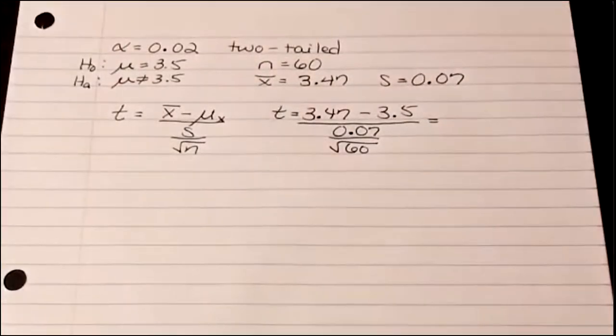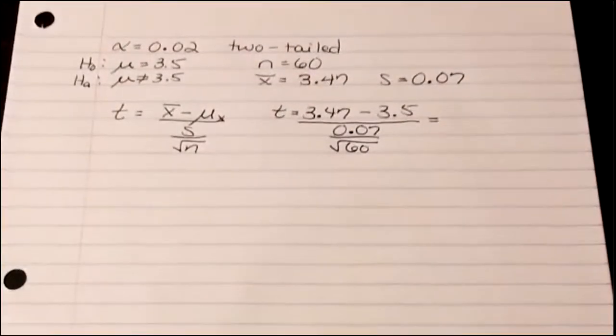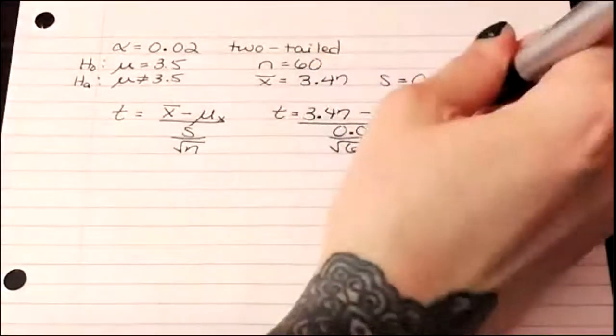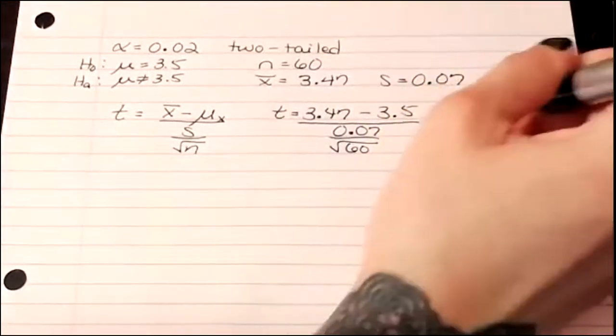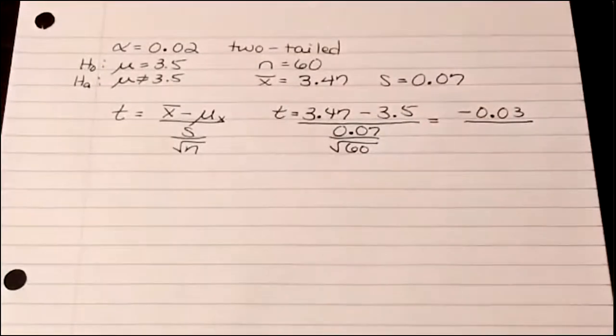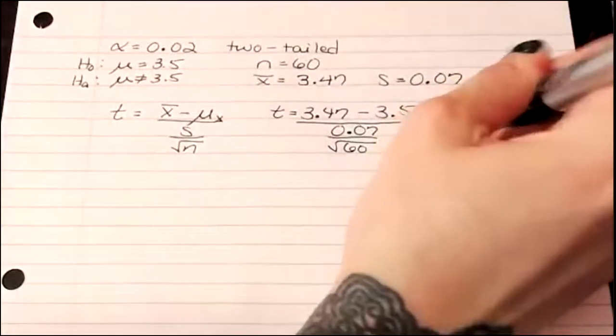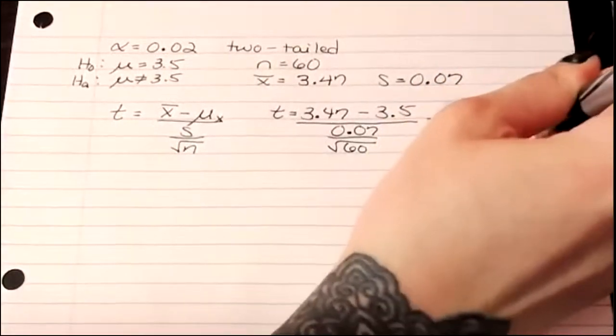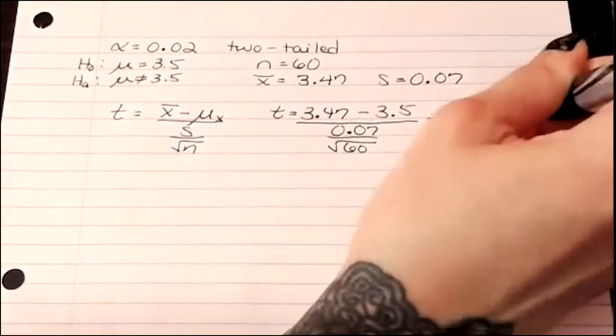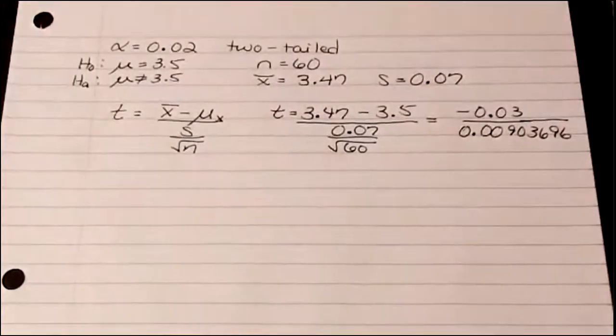I'm going to do the numerator first, 3.47 minus 3.5. That gives me negative 0.03. I'm then going to do the denominator, 0.07 divided by the square root of 60. That gives me 0.009036696. You're probably thinking, what in the world?